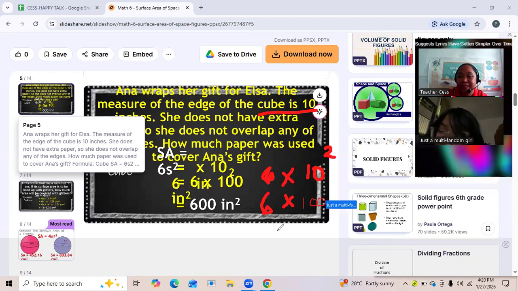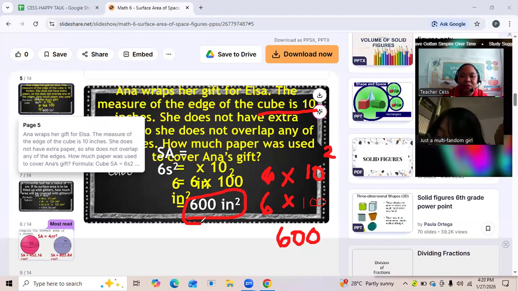And 6 times 100 is equivalent to 600. Can you follow? So the answer to Anna's problem is 600 inches squared. So she needs 600 inches squared of paper.